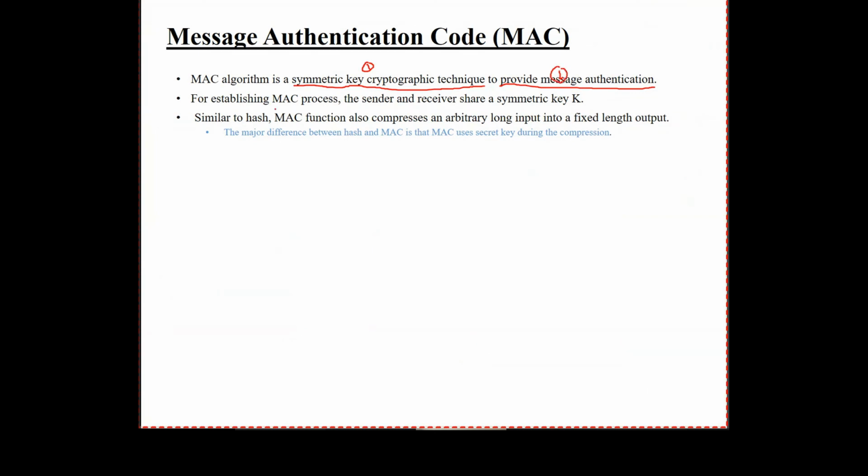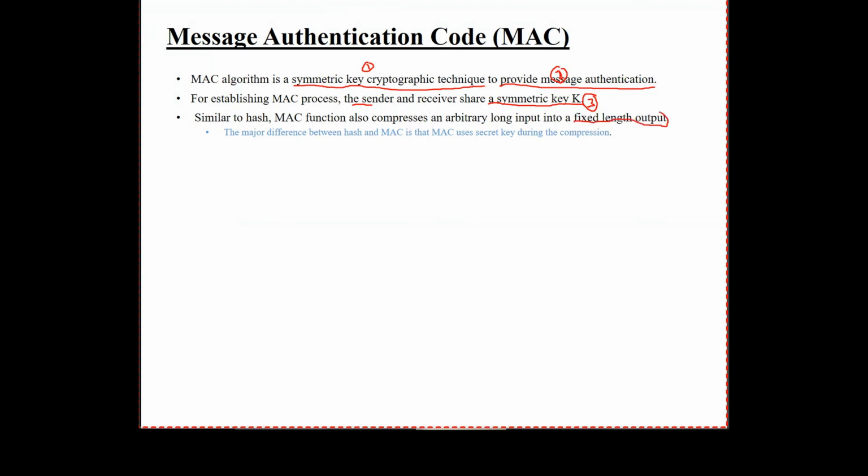Now, to do that, the sender and receiver need to share a key. This is the third thing that you need to remember, the difference: you need a secret key. They have to share the secret key between them, because the message authentication needs a secret key. Same as the hash, it will produce a fixed length output.